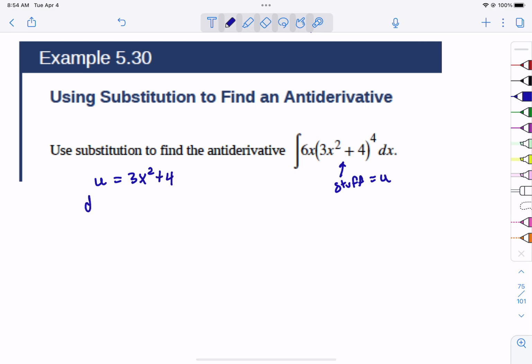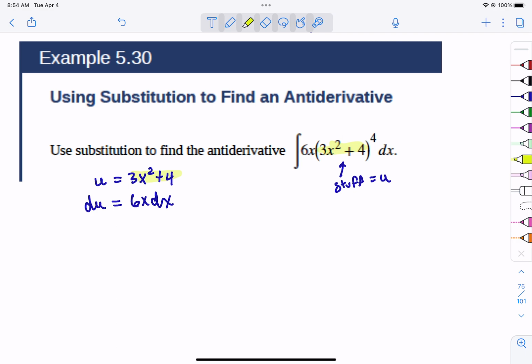Then you're going to put du equals 6x dx. You are going to write the dx this time, that change in x. And then we're going to substitute everything into the problem, including the dx.